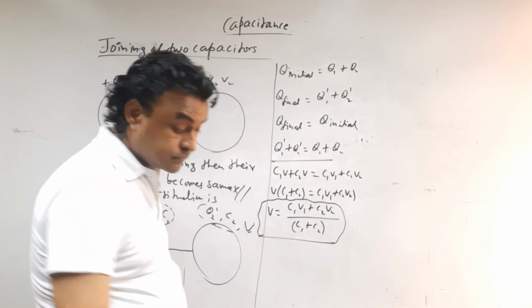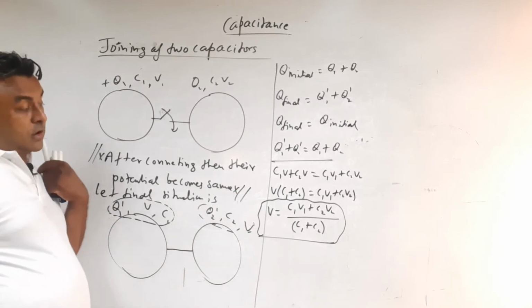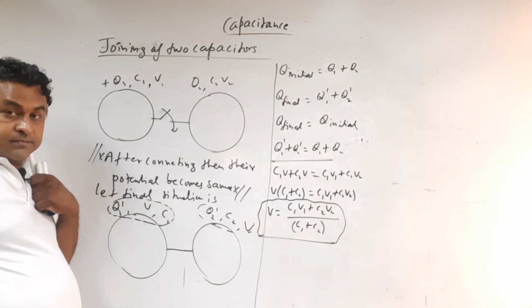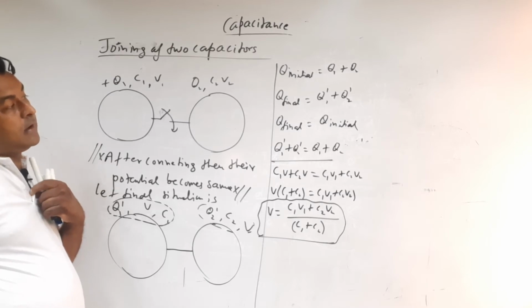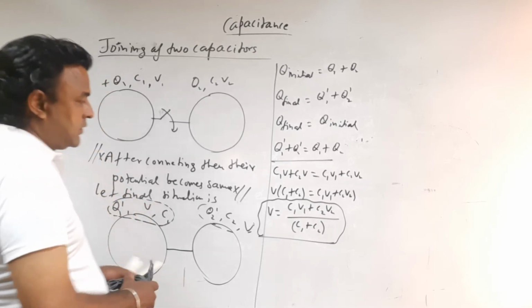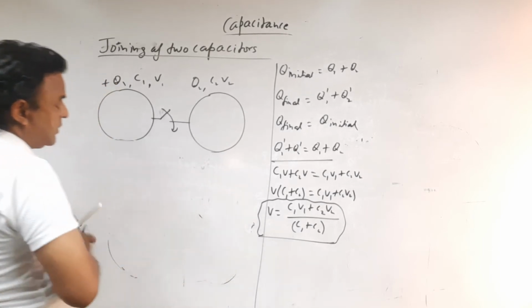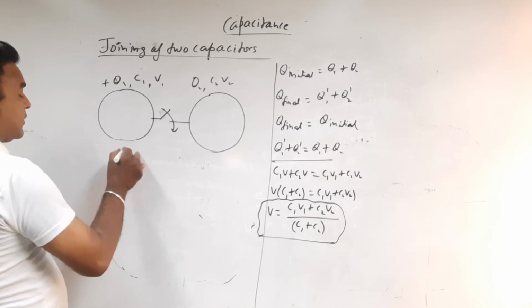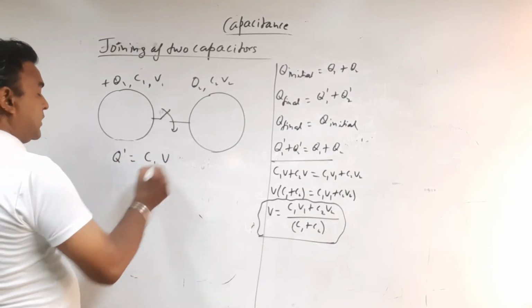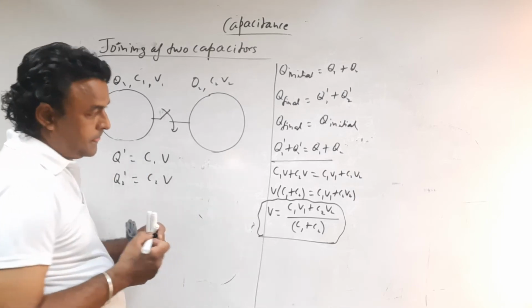Now, in this process, this is about common potential, right? And final charges also we can calculate just by the final charges. We can calculate q1 dash c1v, q2 dash c2v.